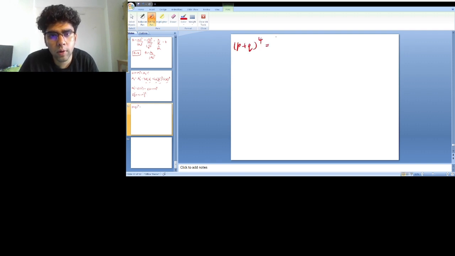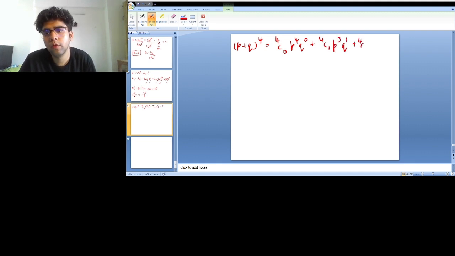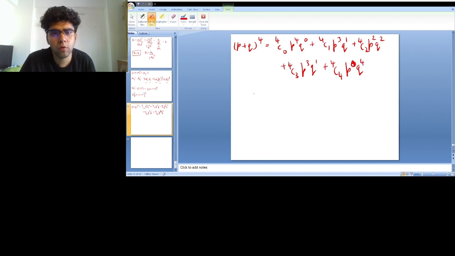My first coefficient will be 4c0, p4 q0 plus 4c1 p q1 plus 4c2 p square q square plus 4c3 p cube q1 plus 4c4 p0 q4, right?